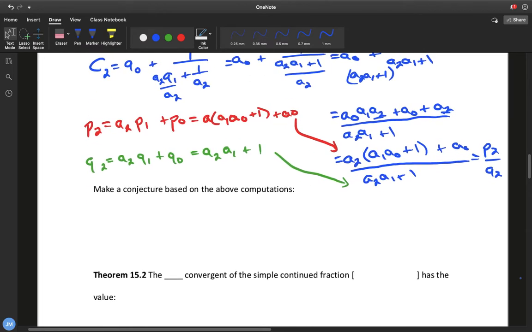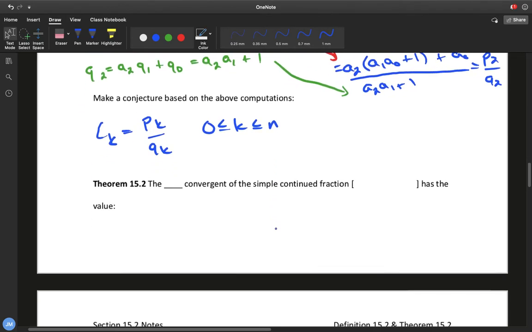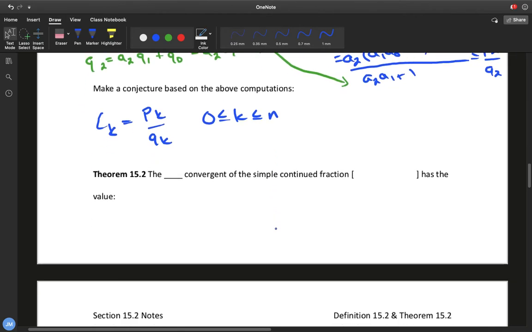Let's conjecture that c sub k, so for any k, we can write that as p sub k over q sub k, so long as k is between 0 and n, and those are going to be inclusive bounds, which actually is going to lead us into our theorem that we're going to prove, which is theorem 15.2. So here's what theorem 15.2 says.